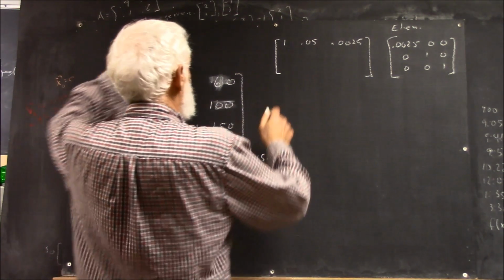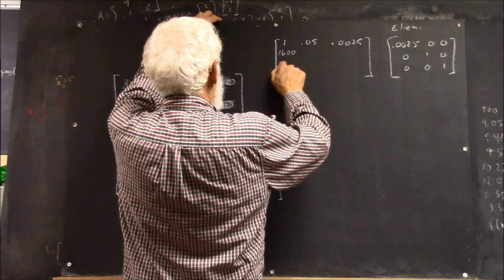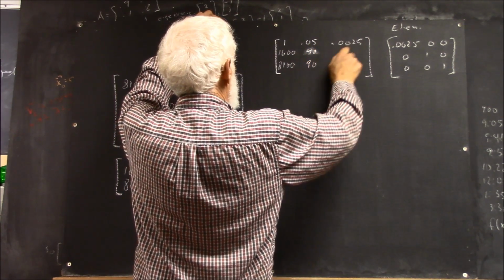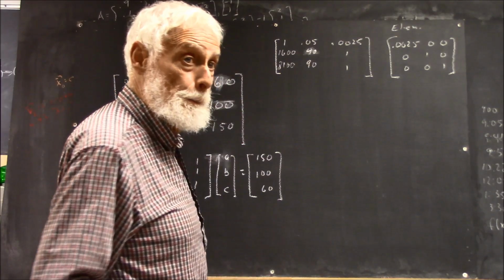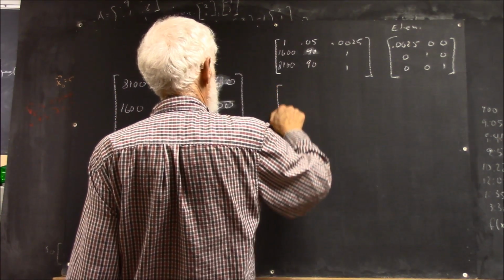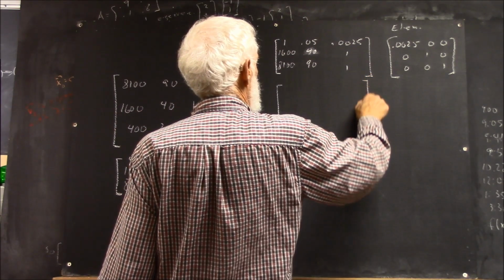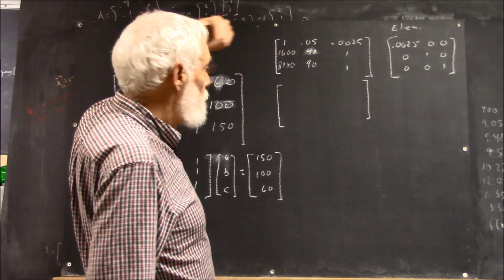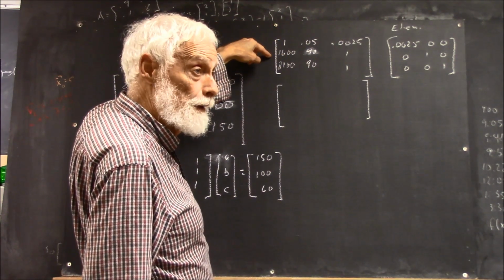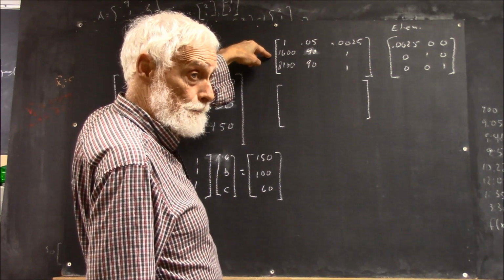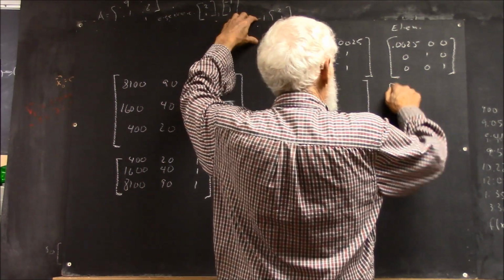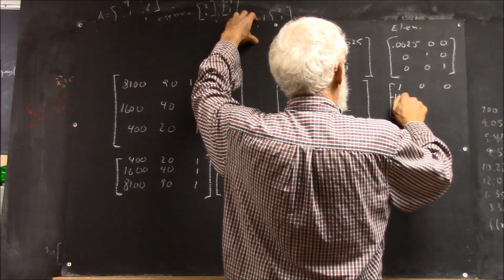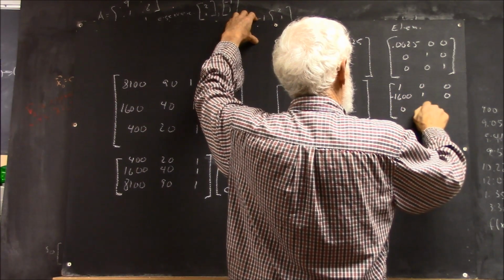Okay. So that reduces the matrix to that. That's 40, not 90. This one's 90. Yes, right? Then we add negative 1600 times the first row to the second, right? Okay? So the elementary matrix will be 1, 0, 0, negative 1600, 1, 0, 0, 0, 1.